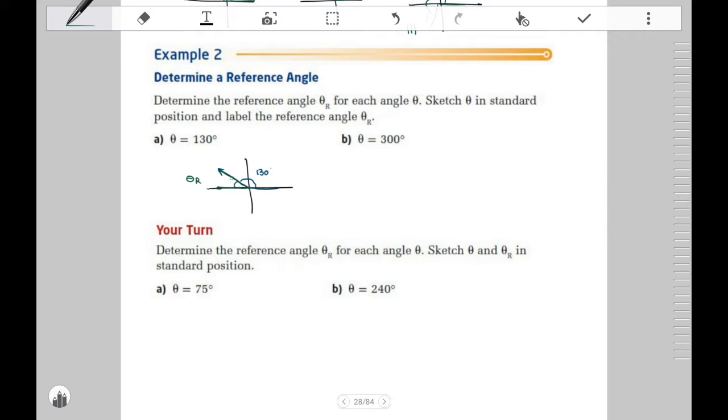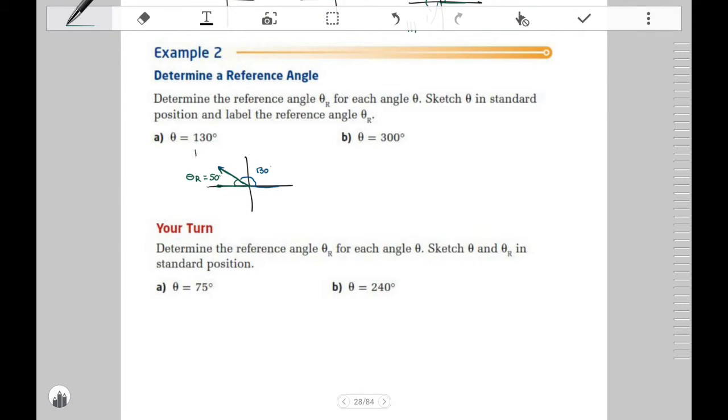We have 130 degrees going to here. The remaining amount must be 50 degrees because it adds to 180 degrees, a straight line going all the way across. Our angle 130 degrees, reference angle 50 degrees, ending in quadrant 2.